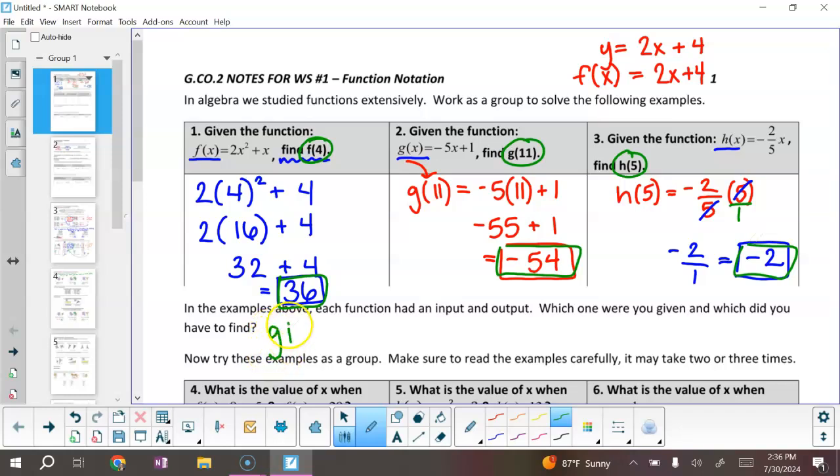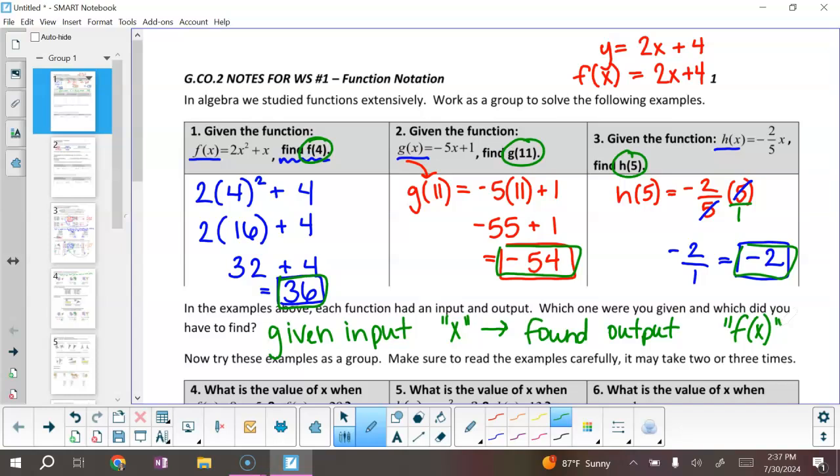So down here we're going to say we were given the input, which we'll call x, okay? And we found the output, which would be your f of x notation, or the g of x, or the h of x, okay?